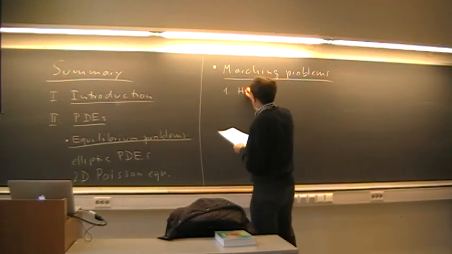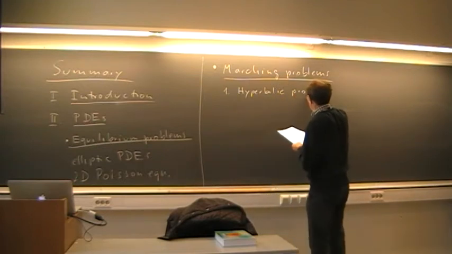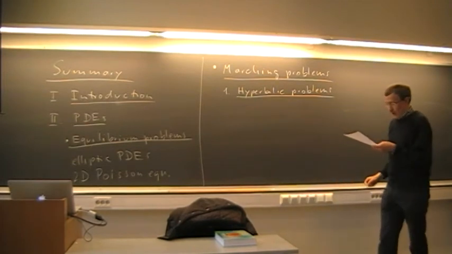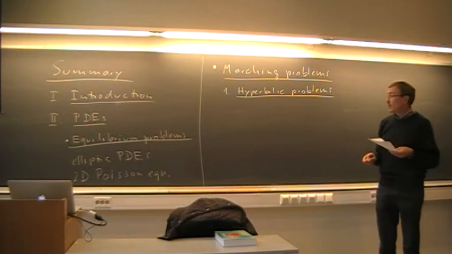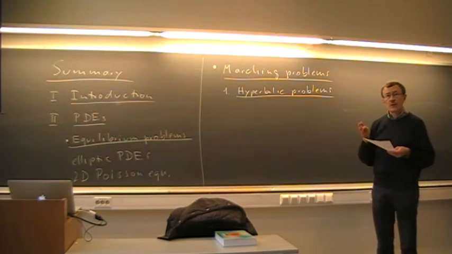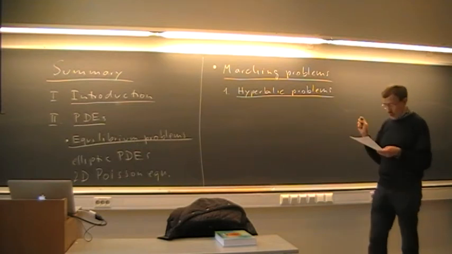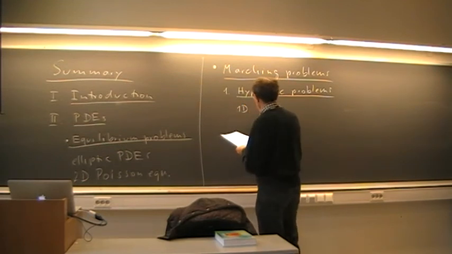One is hyperbolic problems, and as the name says, they are hyperbolic PDEs, and they are characterized in that we have characteristics, certain lines where the solution can be simplified. For the linear advection equation, we can actually simplify it to an ODE. And there we had as examples the 1D wave equation.